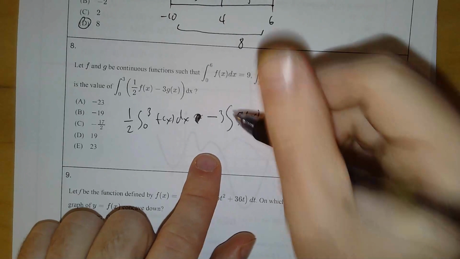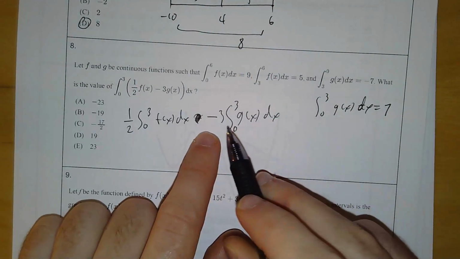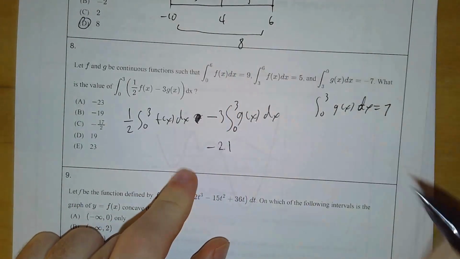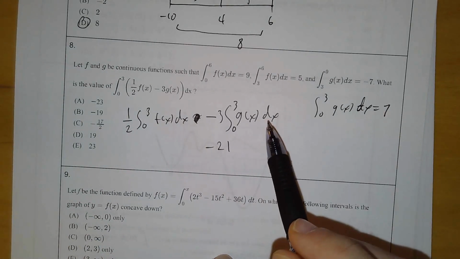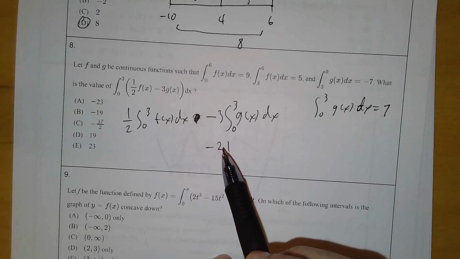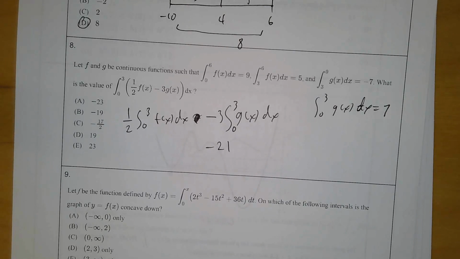And I know that the integral of 0 to 3 of g of x dx is 7. So this is 3 times 7. So this is really just saying minus 21. Is that clear? That's 7, so I'm just plugging it in here and then times it by 3. We get 21. It's minus 21. And I got that by just splitting this up, and that's using the integral property rules.